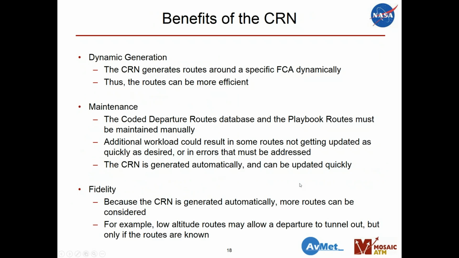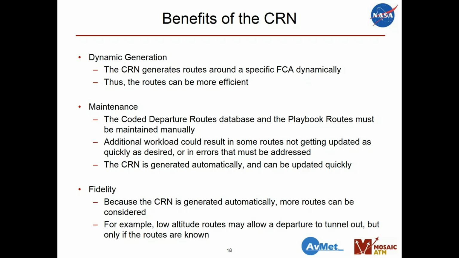And as has been mentioned before, maintenance is an important aspect of that. We believe that with additional criteria and constraints, if nothing else, this can be used as a capability in flight planning systems as well as in the ATC system to potentially support the development of the coded departure routes database and playbook routes in a more automated way.